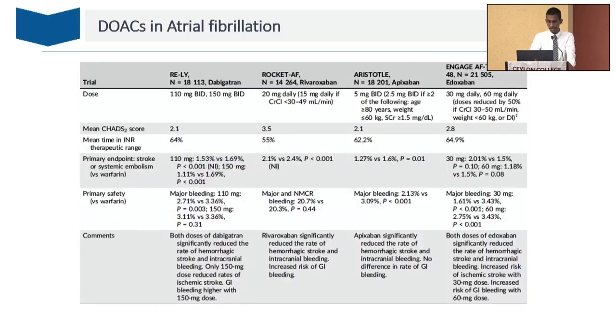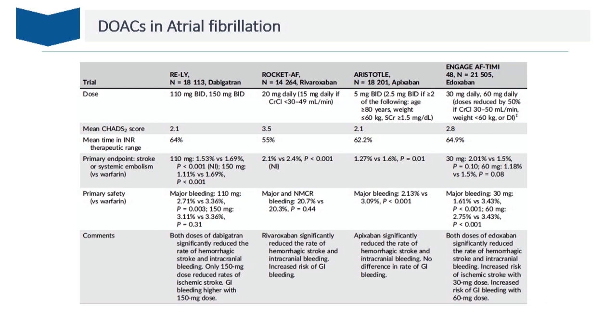Now, if we look at the data first, I think it's worthwhile spending some time. So these are the main pivotal trials for atrial fibrillation: RE-LY, ROCKET, ARISTOTLE, and ENGAGE. One thing I wanted to draw your attention to is this thing called time in therapeutic range. That is the percentage of the time patients were within the target INR.